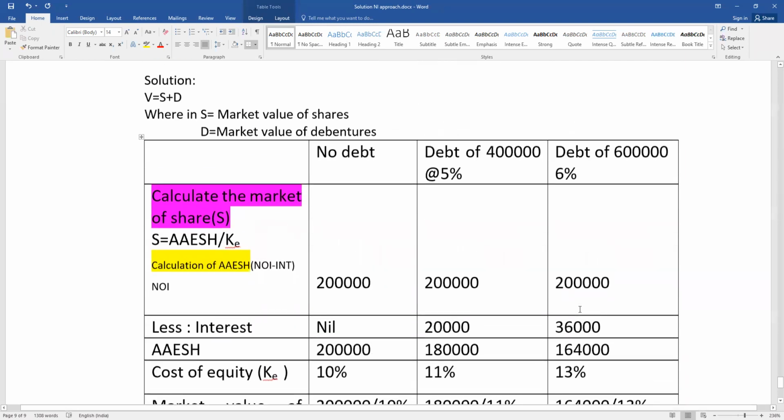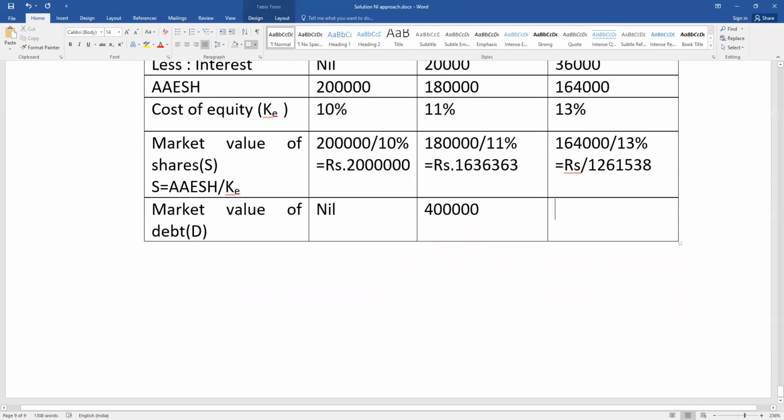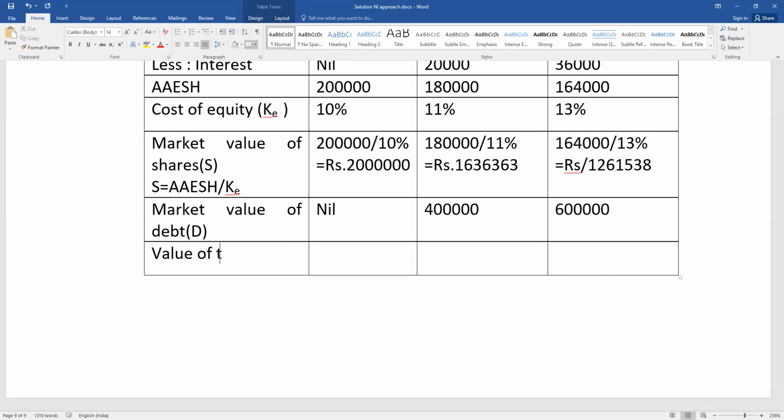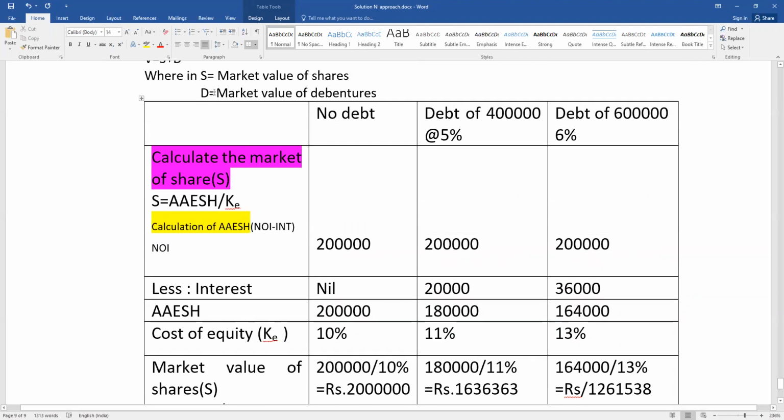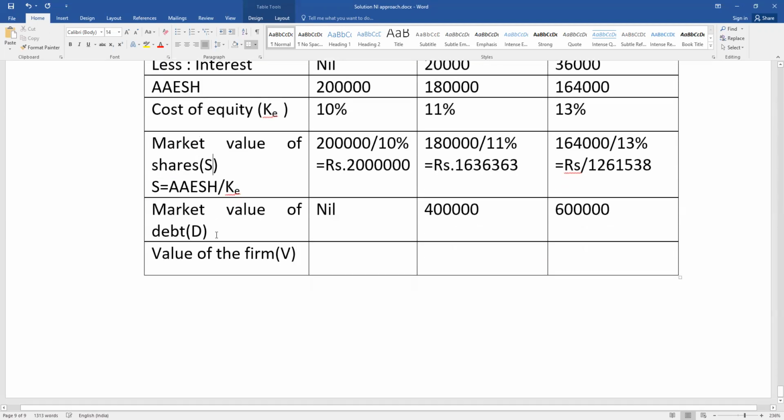And in the last case, you have 6 lakh debt. So now you can calculate your V, that's your value of the firm. V is equal to S plus D. S is here, D is here.